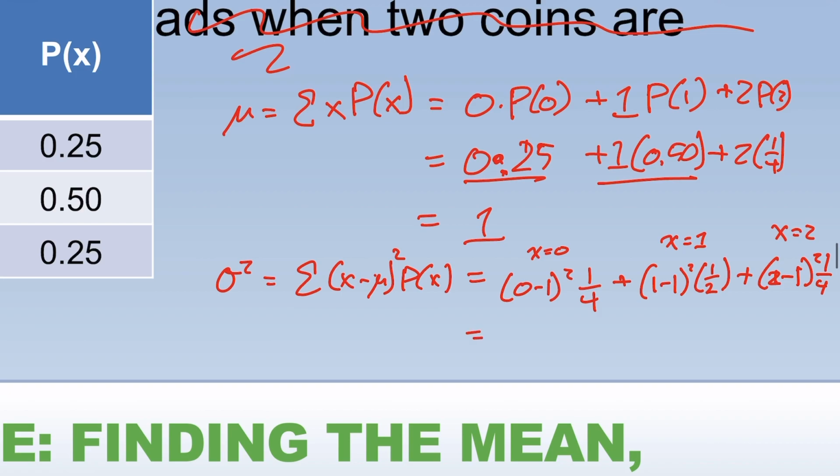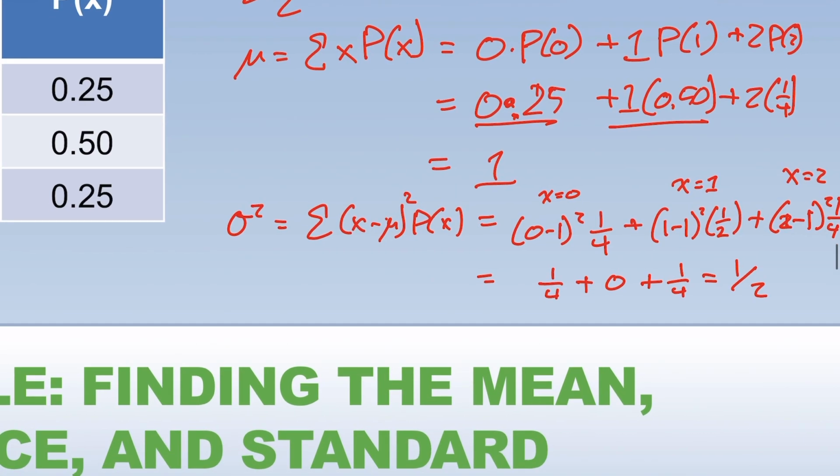Okay, and so that equals 1/4 plus 0 plus 1/4, which is 1/2. That's the variance. The standard deviation is the square root of the variance, which is 1 over the square root of 2.